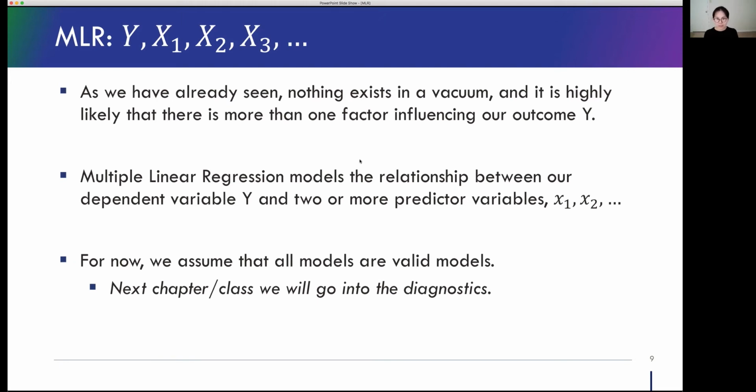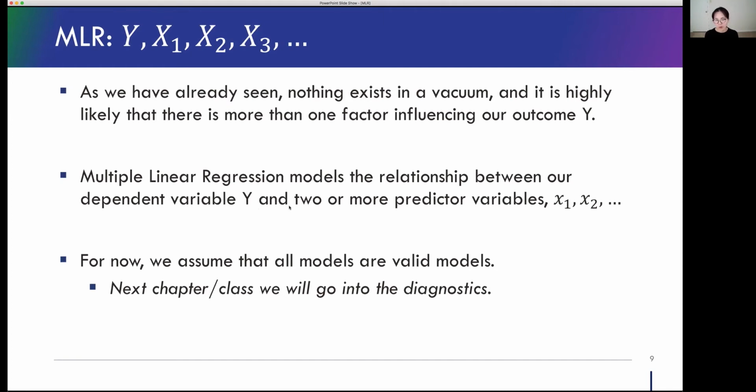Normally it's not enough to only include one predictor to make your model look good. So it's highly likely that we have to get multiple predictors, x1, x2, x3, into the model.